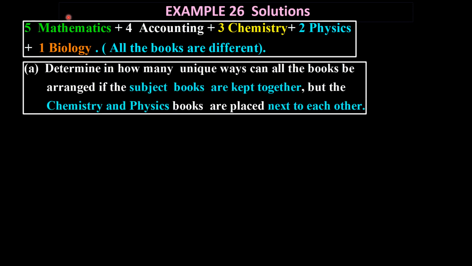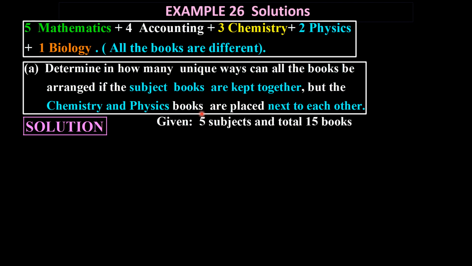And we want the subject books together, but now they tell me something else. You want to keep the subject books together, but always keep chemistry and physics together as well, right? You don't want another subject between physics and chemistry. So there's an extra thing. So let's look at the positive things here. There are 5 subjects, and so there's a total of 15 books altogether.